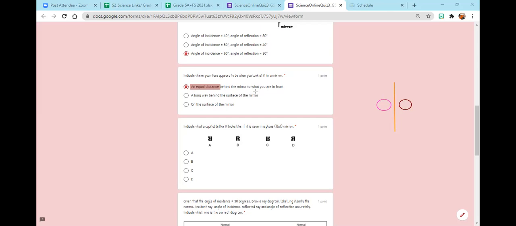Imagine you are looking in a mirror. You can try it at home. If you come closer to the mirror, the image will be close. If you go far away from the mirror, the image also will go far away. There is always an equal distance between you and the mirror, and then between the mirror and the image.